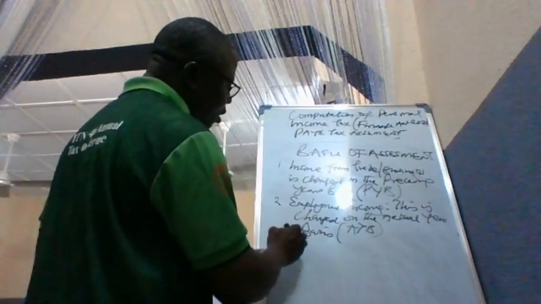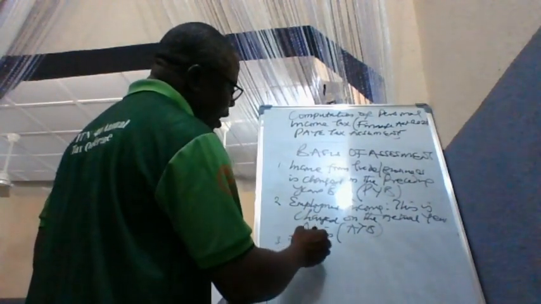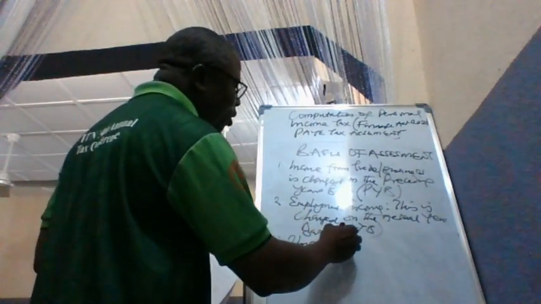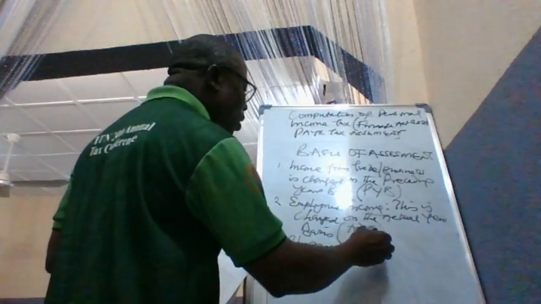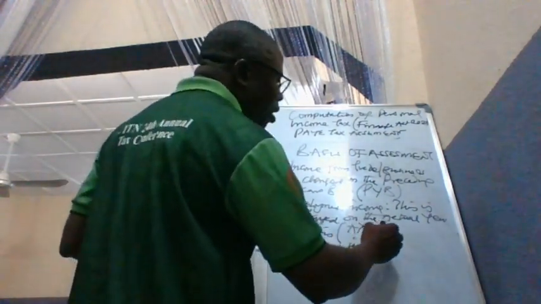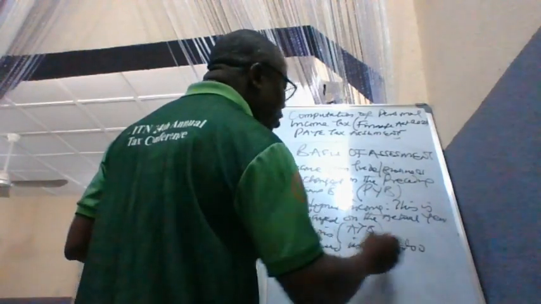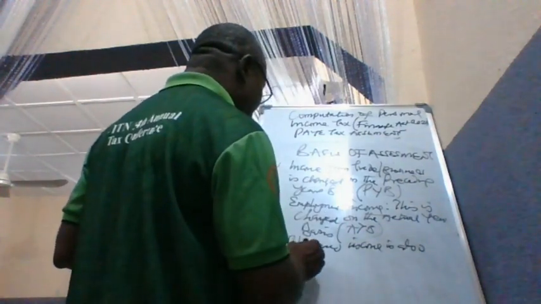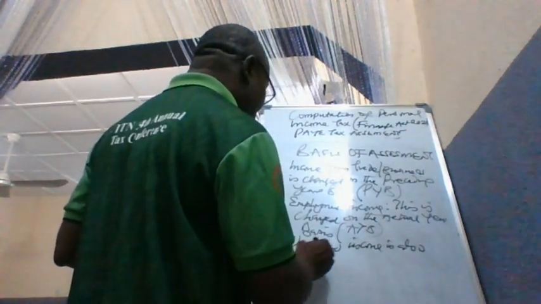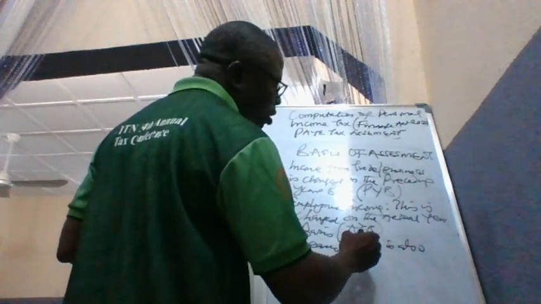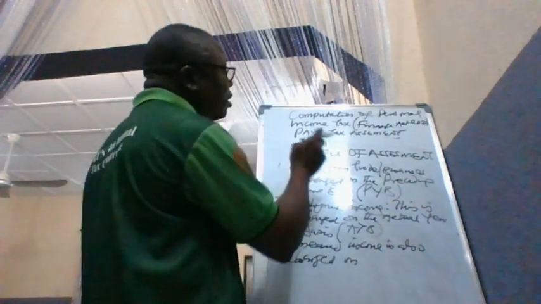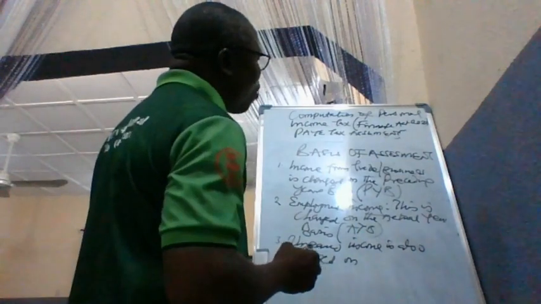Now, unearned income is charged, number three, unearned income is also charged the same way as the income of trade.